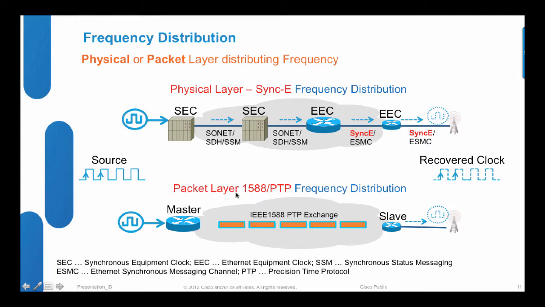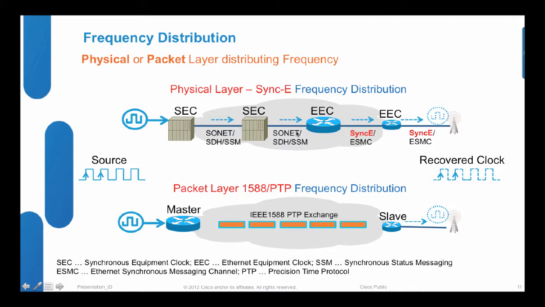This is not part of this presentation, but it is another technique to get clocking information from the source to the destination using a stream of packets. But what we're looking at here is the synchronous Ethernet way of distributing timing.